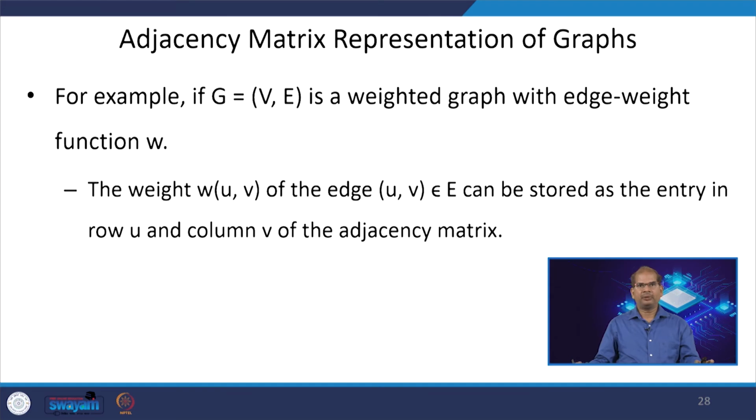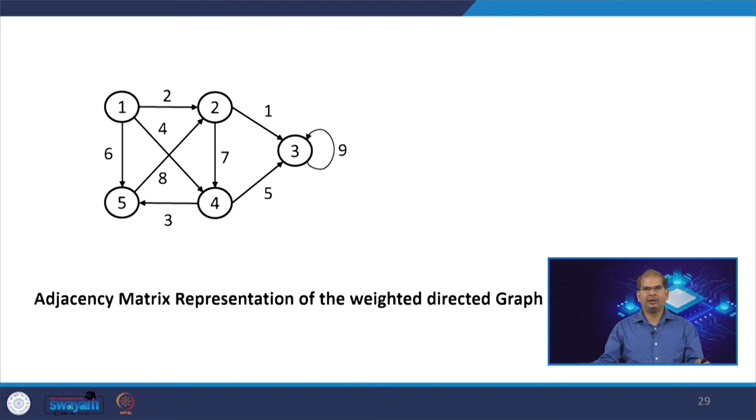Now, in the adjacency matrix representation for a weighted graph, the weight of the edge u comma v can be stored as the entry in the corresponding row and column of the adjacency matrix. This is an example of a weighted directed graph represented using an adjacency matrix.